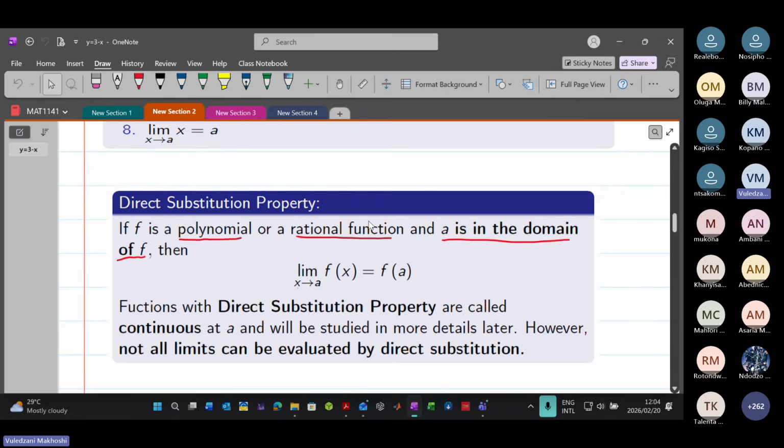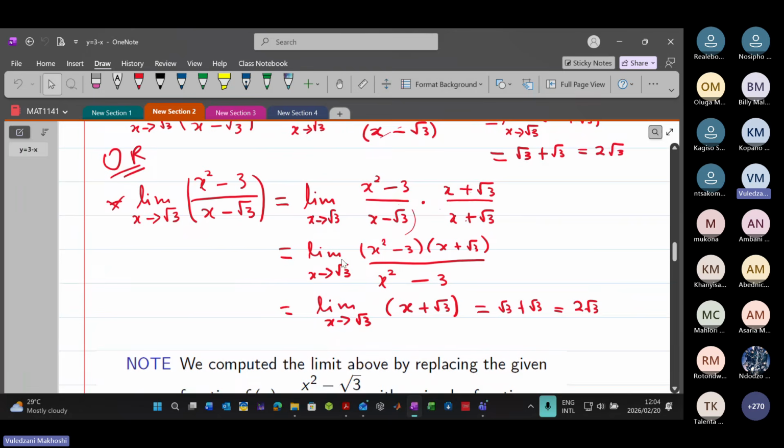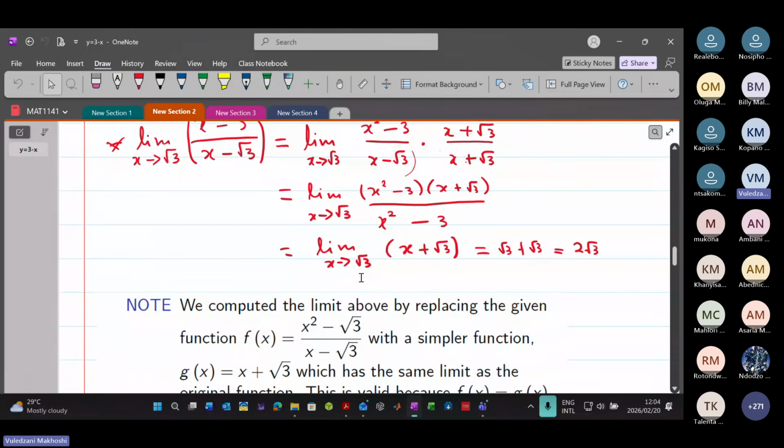So that's what we did yesterday. So today we would like to move on and look at what we call the squeeze theorem, which helps us to evaluate limits which may not necessarily be evaluated using the method we looked at yesterday.